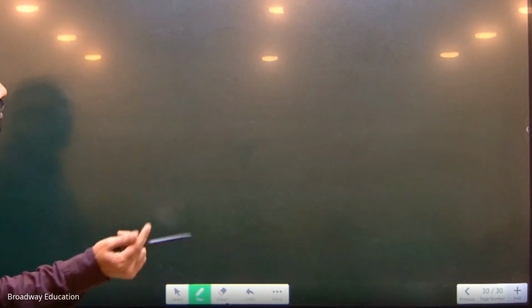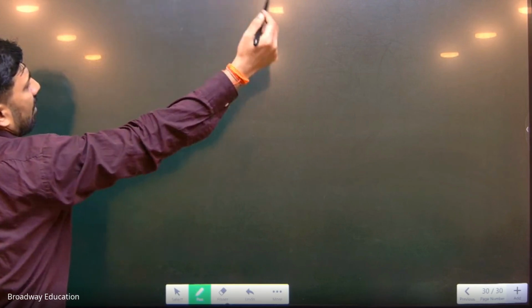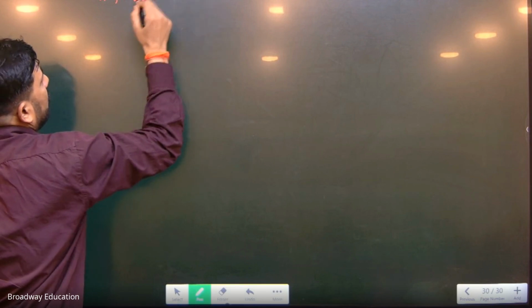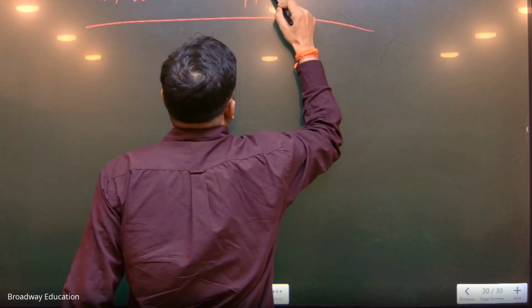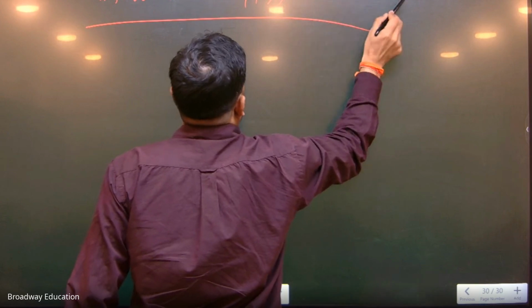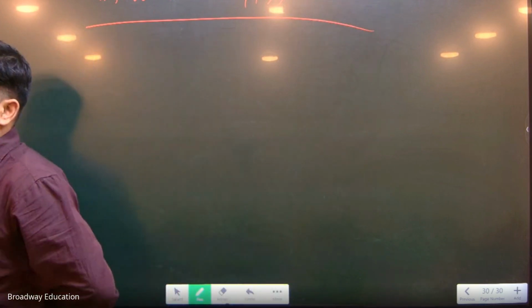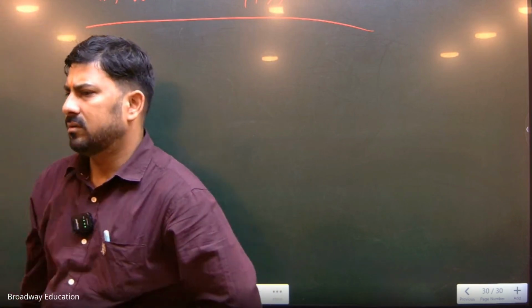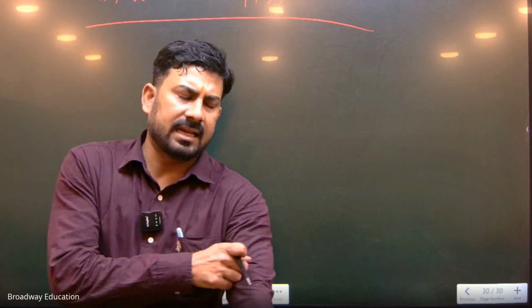Now here, please write: animal tissues are broadly classified into following subheads. Please write it down.